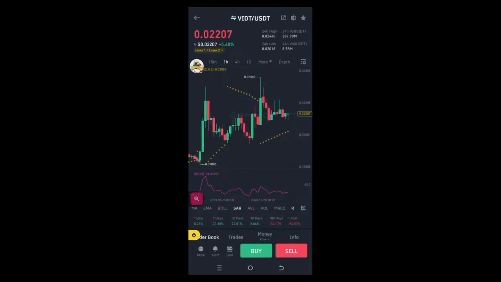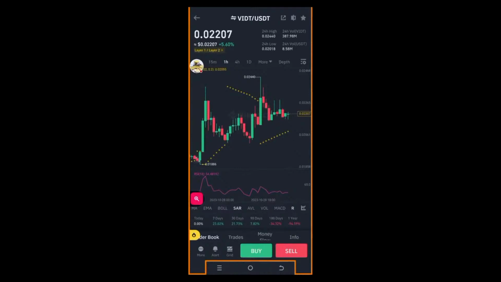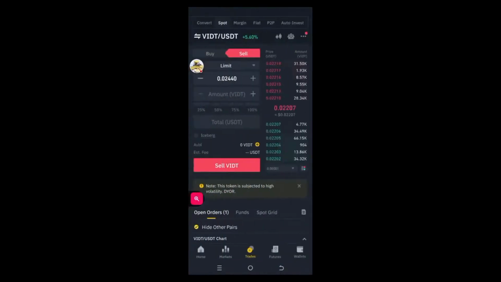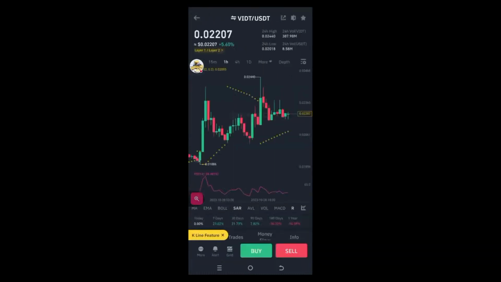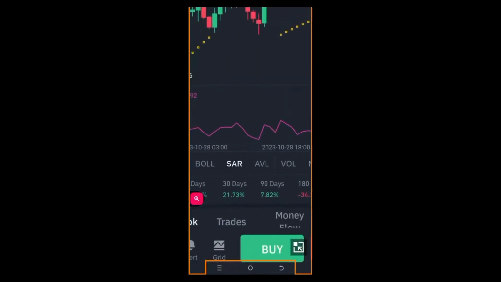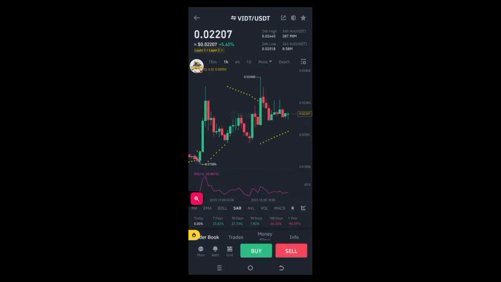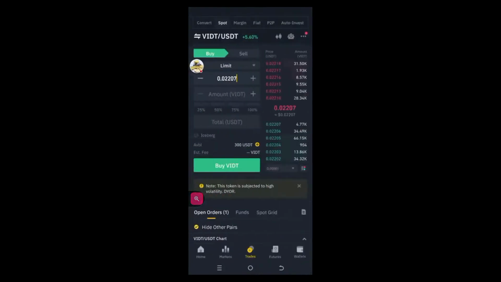VIDT. I just pray that as it's going up, it just keeps on going up. It's not fully on pump mode, but the conditions look right. The parabolic SAR is under, and the RSI is not as high. Okay, let's go ahead and just try this out.